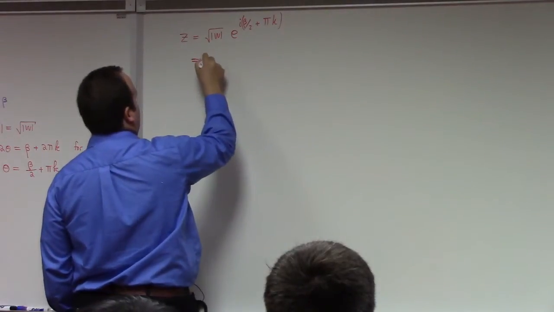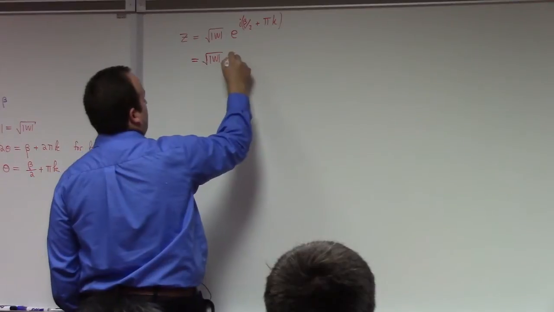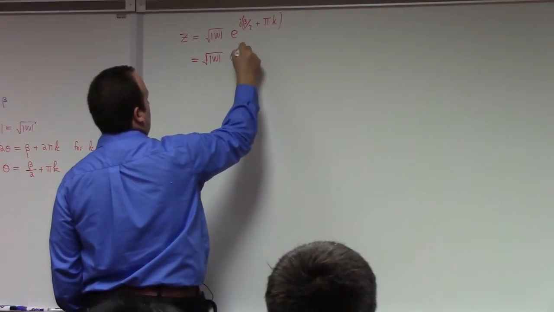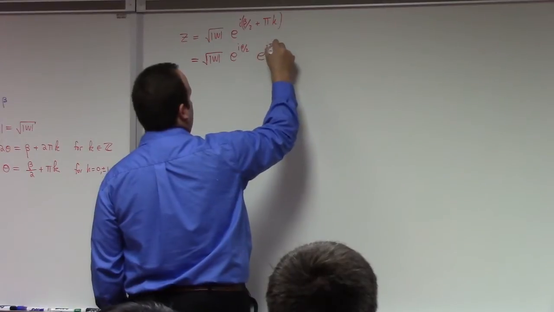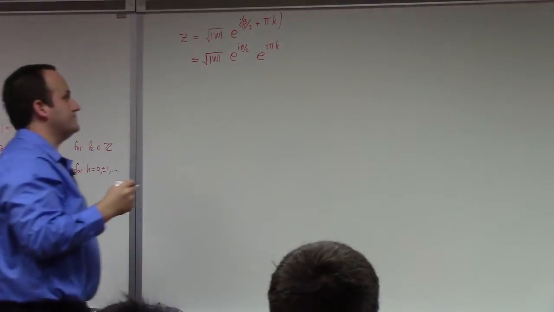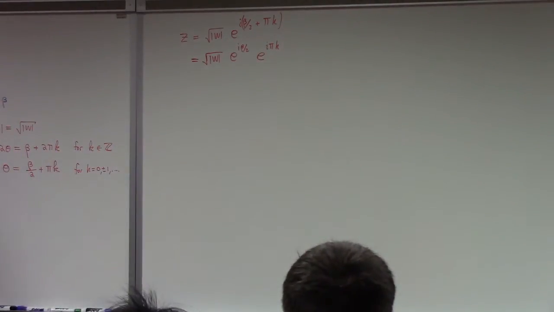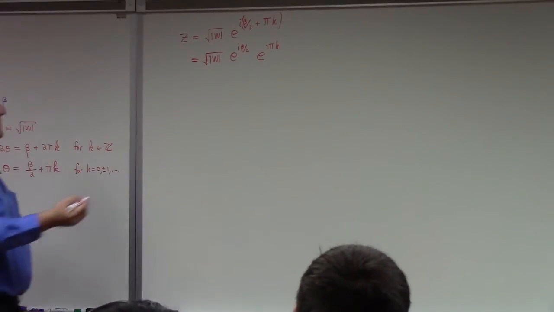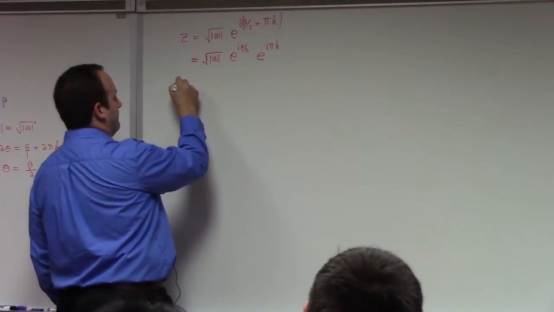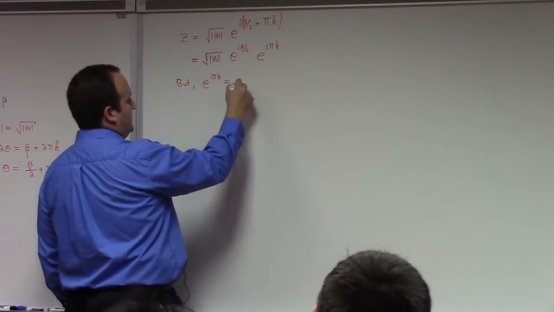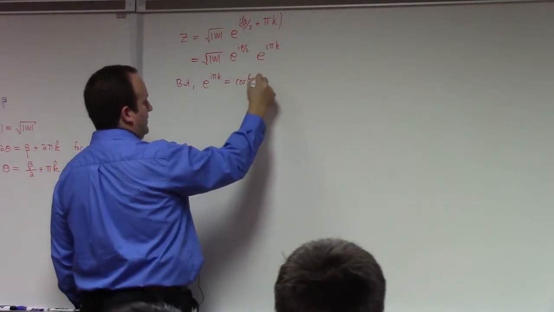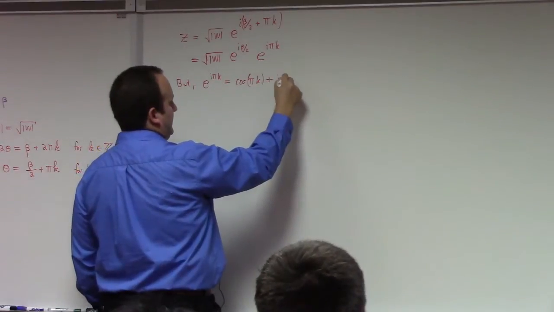That's the square root of the modulus of w e to the i beta over 2 times e to the i pi k. So what is e to the i pi k, though? That's cosine pi k plus i sine pi k, right?